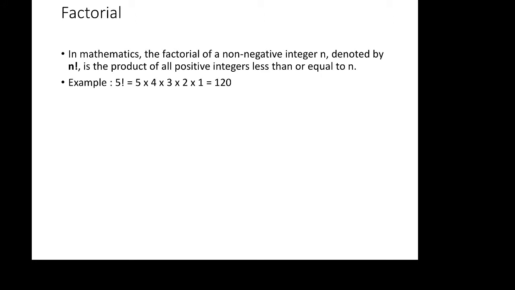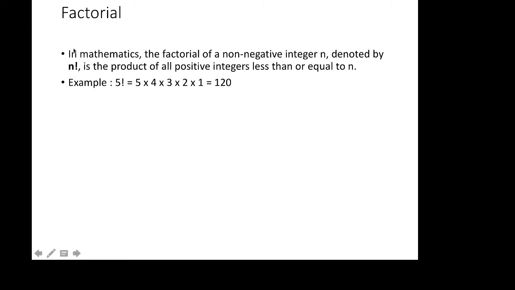Another example is the factorial. In mathematics, the factorial of a non-negative integer is denoted by n exclamation mark, which is simply the product of all positive integers less than or equal to n. Sounds complicated, but it's not. For example, 5 factorial is equal to 5 times 4 times 3 times 2 times 1, which is equal to 120.